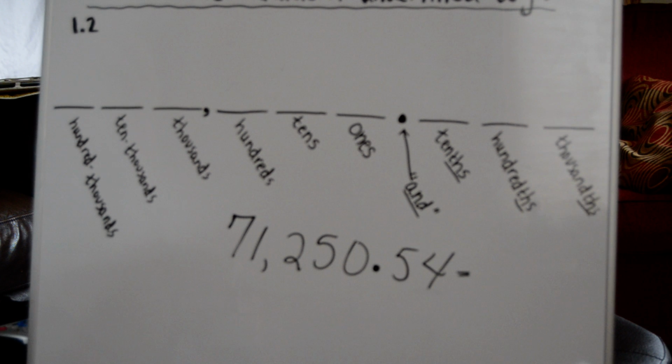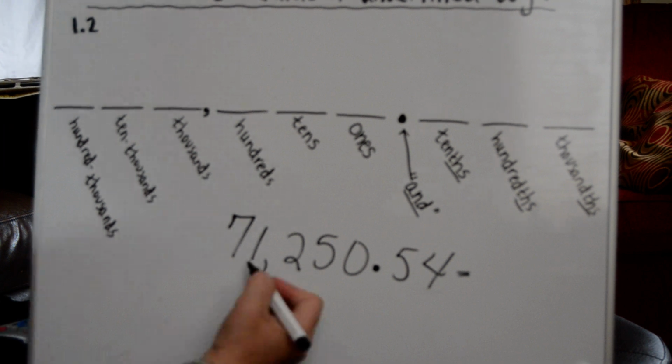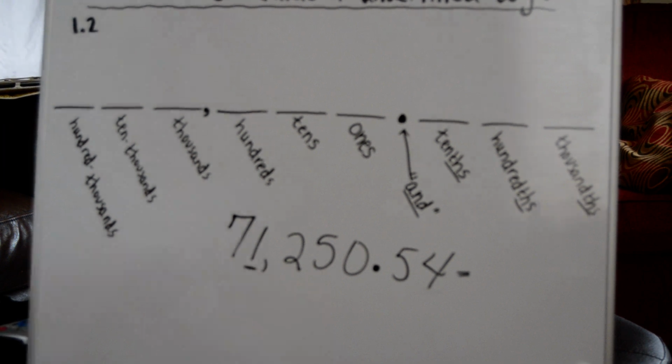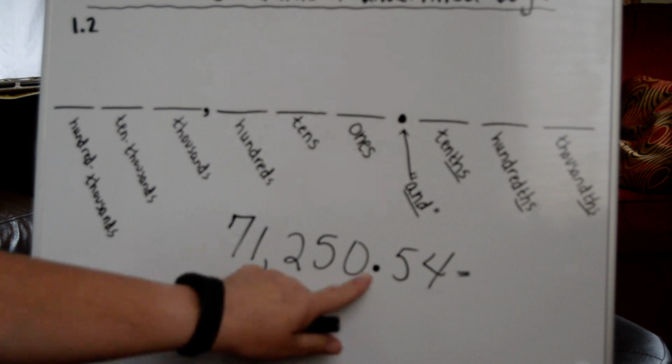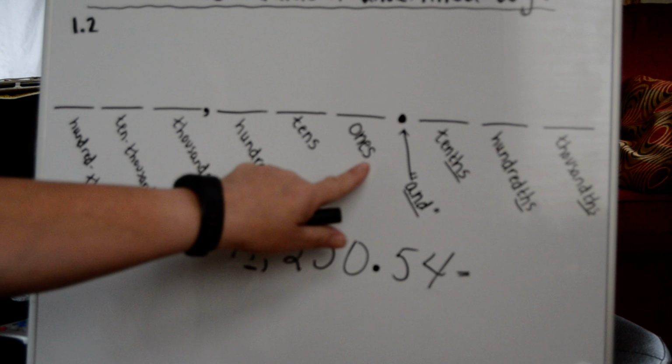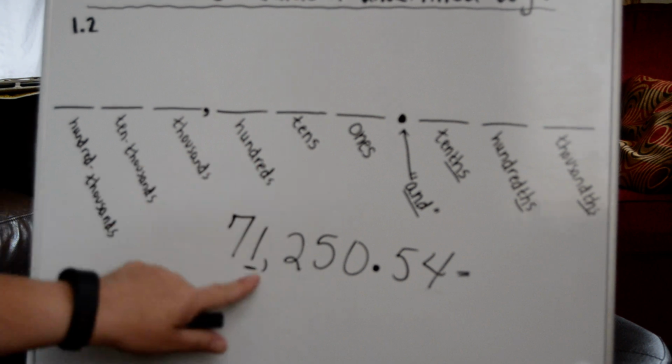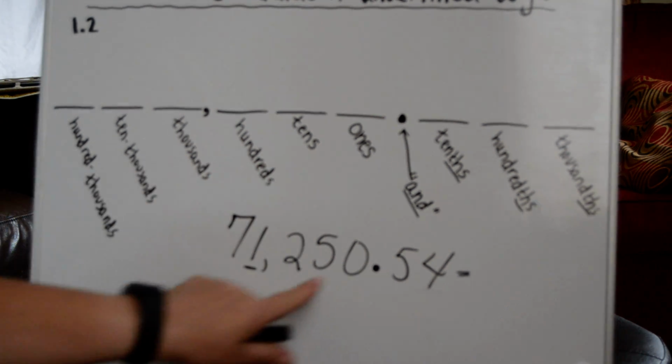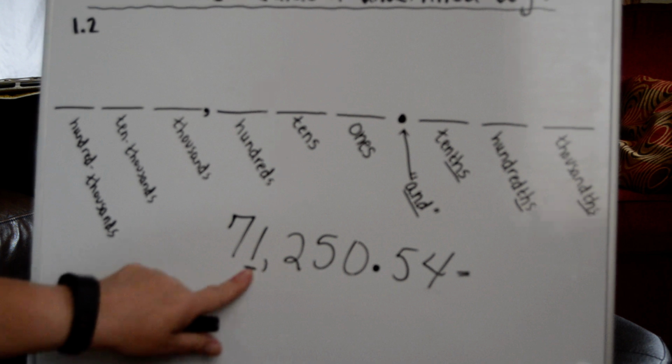Okay, let's do one more. What is the value of the 1 in this number, 71,250 and 54 hundredths? That 1 is 4 places over from the decimal, 1, 2, 3, 4. So we call it the thousandth spot. Ones, tens, hundreds, thousands. How many thousands is that 1 worth?